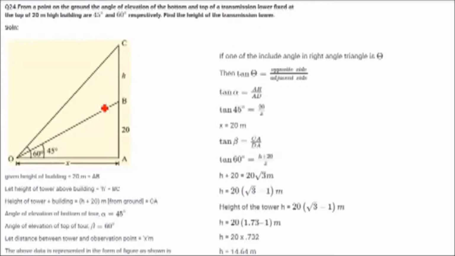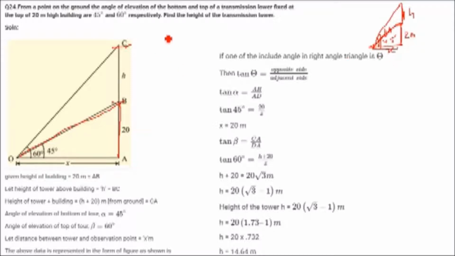So there is a building and there is a transmission tower over this building. This angle is given as 45 degree and this angle is given as 60 degree. We have to find this height, so let it be h, this is given as 20, and this we take as x.